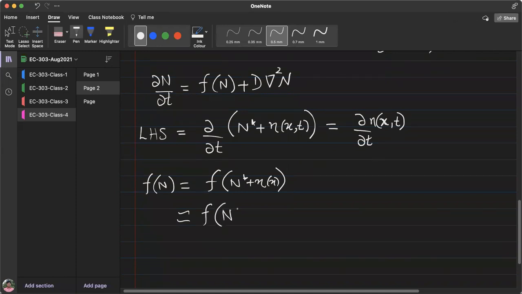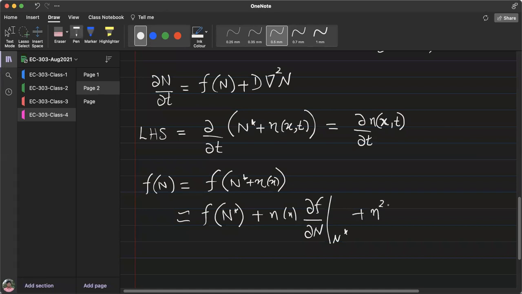Since n of x is a small term, I'm going to expand this function around n star. So we have f of n star plus n of x, dou of f by dou of n at n star.